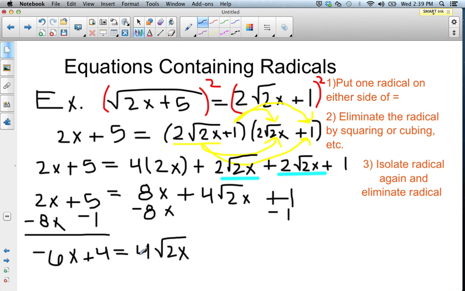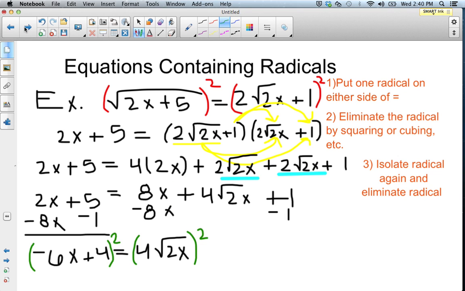Now if I wanted to, in this case, I could divide by the 4 before I square, but I know that dividing by the 4 is going to leave me with a fraction here, and I don't want to deal with fractions. So I'm going to leave the 4 there, and now that I've isolated this radical term, I can square both sides. So I'm going to say square and square. Let me bring this to another screen now.